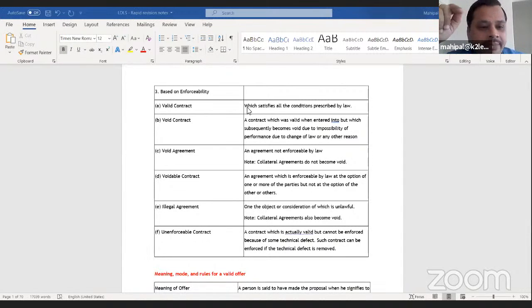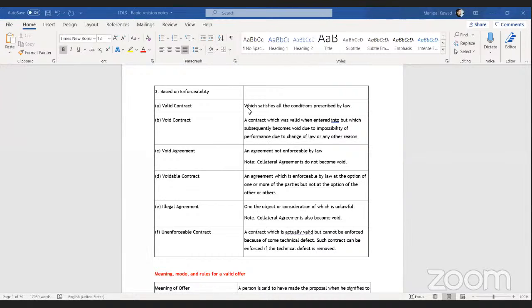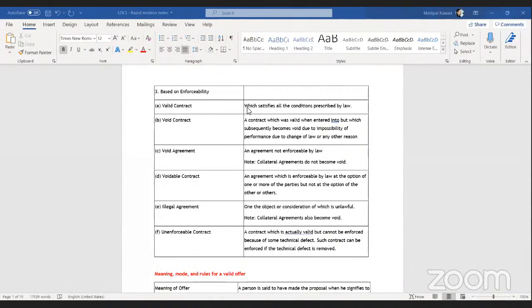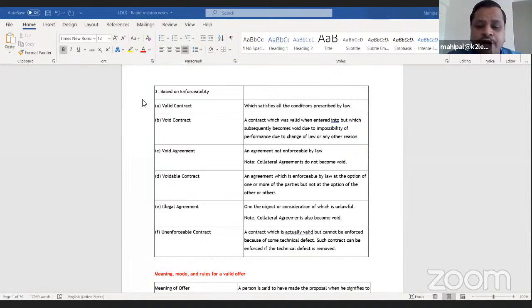Now, such an agreement becomes voidable at the option of the person whose will has been dominated by force, whose consent was not free. Illegal agreements are not only void but also unlawful and punishable.